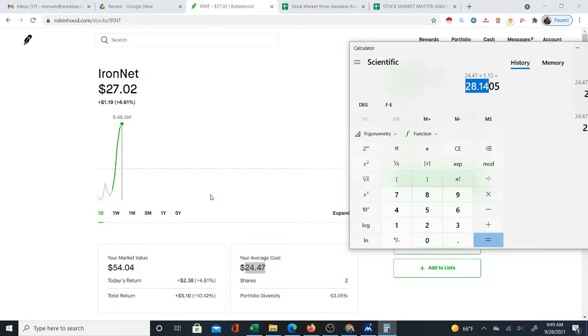Now again, if you get in low enough, like I feel like I got in pretty low yesterday, you might still be profitable tomorrow. It could drop down here, and you're still making profit. In fact, I started out the day making profit. Even when it was down here, I was at 25.26 because I got it at 24.47.